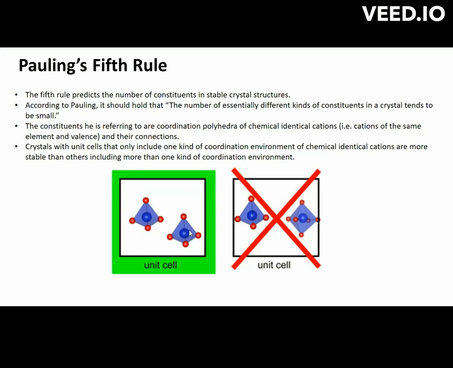When these cations are identical, we want to know about their coordination polyhedra. When the coordination polyhedra are the same for these chemically identical cations, the crystal structure becomes more stable. That is, the cations of the same element and valence and their connections.